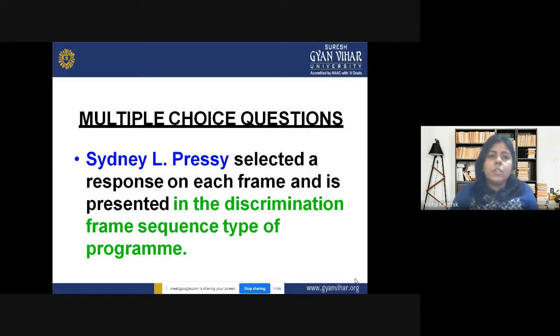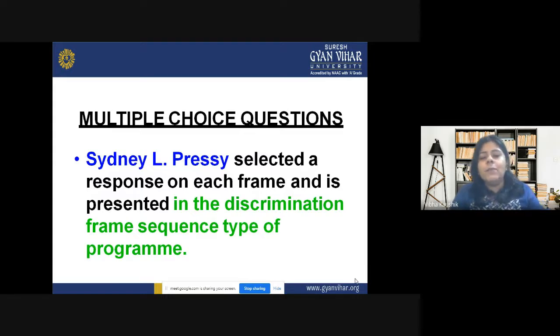Means the student has to give a response on each frame. Means there will be a frame on which some particular information will be shared by the program. On the basis of the information shared by the programmer, some multiple choice questions will be framed and presented.